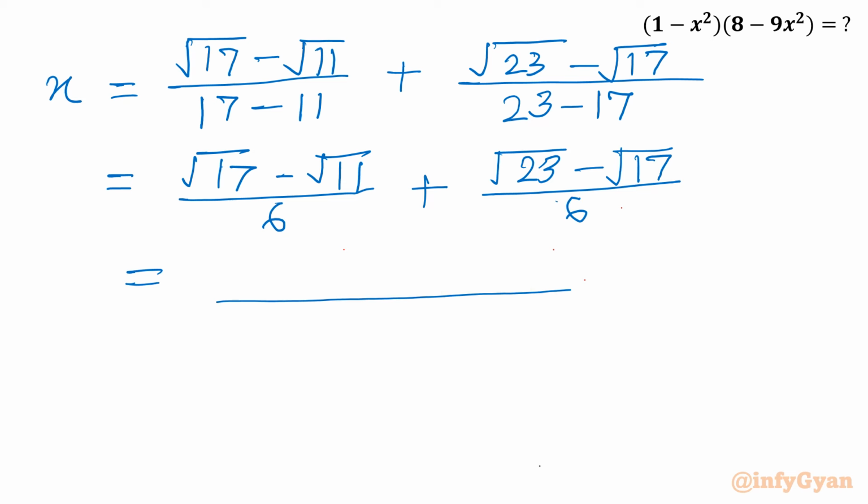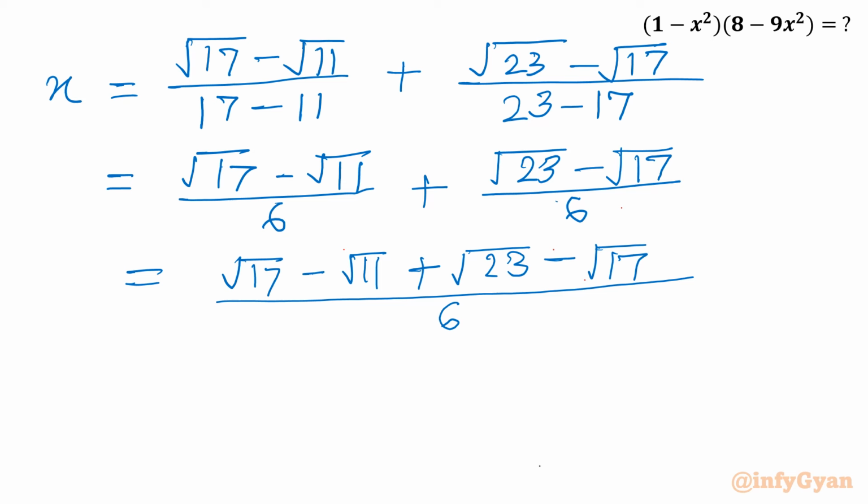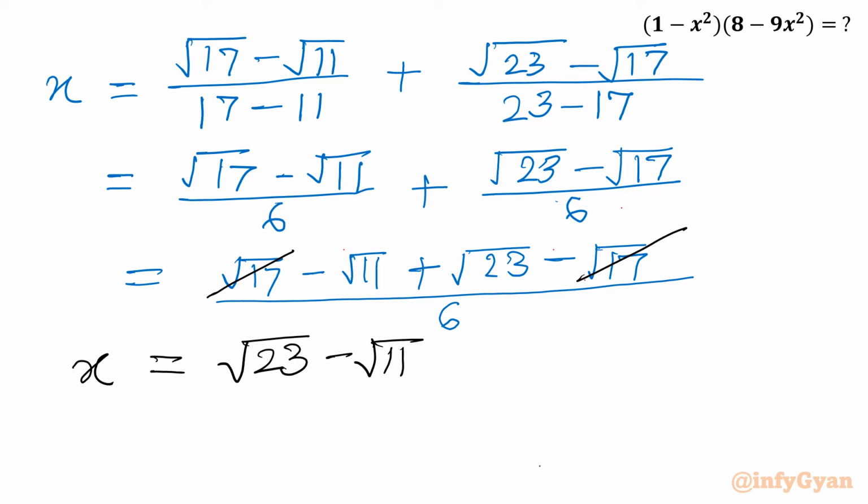Now the denominator is the same, so I can write 6 like this. Now simply add the numerators: root 17 minus root 11 plus root 23 minus root 17. Now I can cancel plus and minus root 17. So x will become root 23 minus root 11 divided by 6.